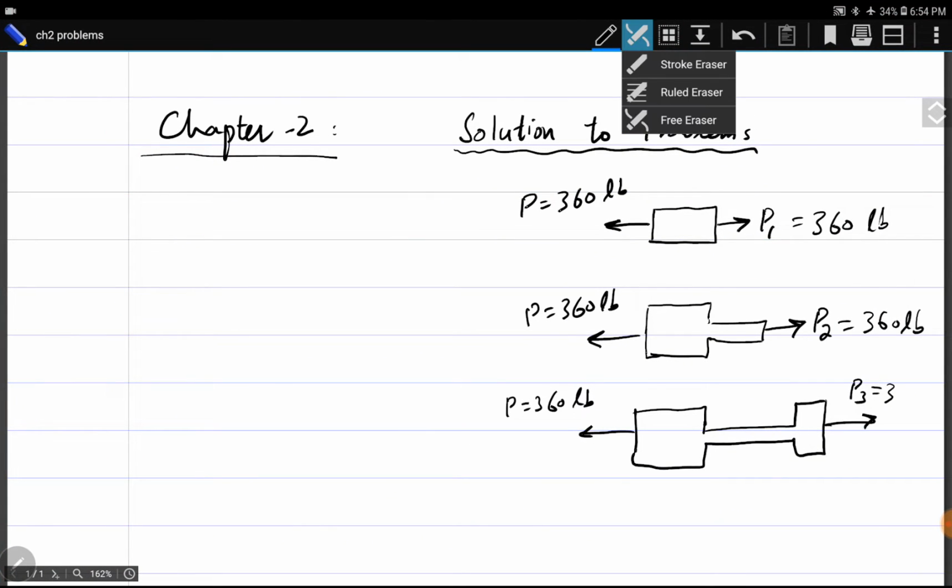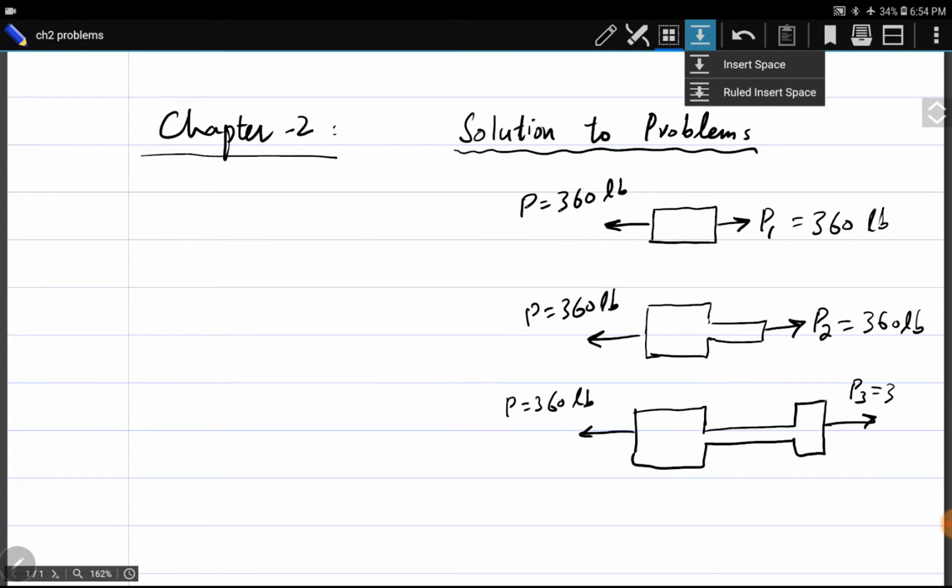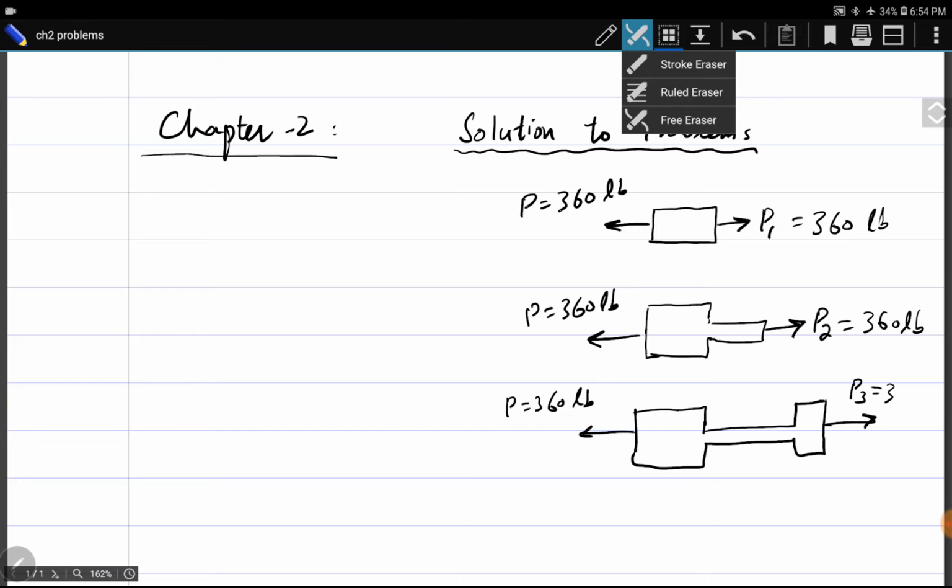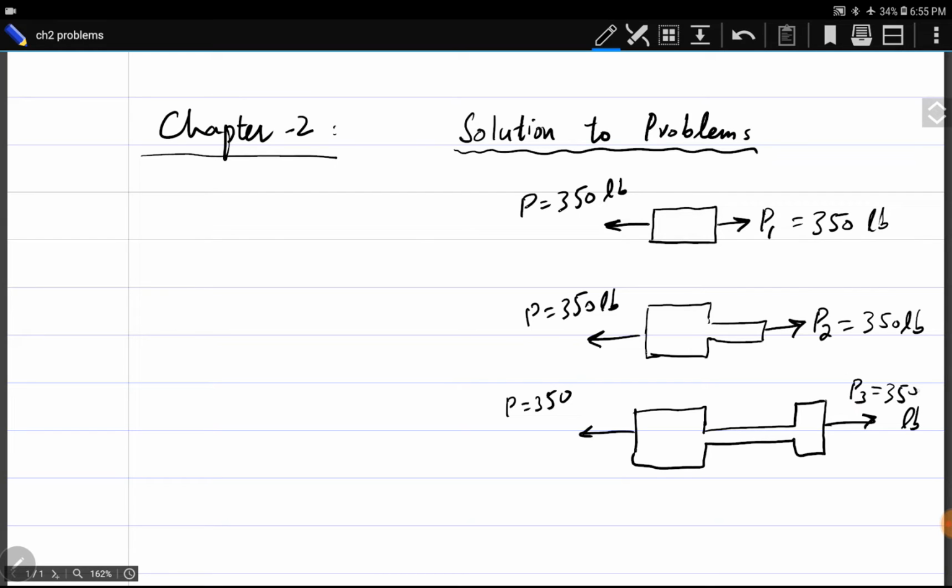I have to make a correction. So P1, P2, and P3, all of them are equal to 350 pounds.